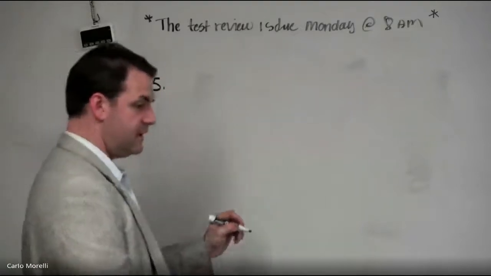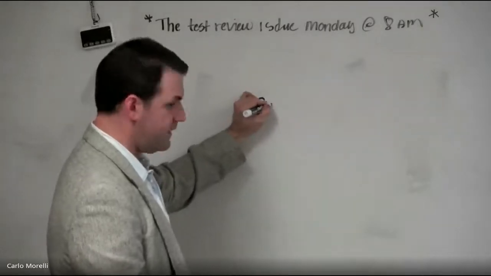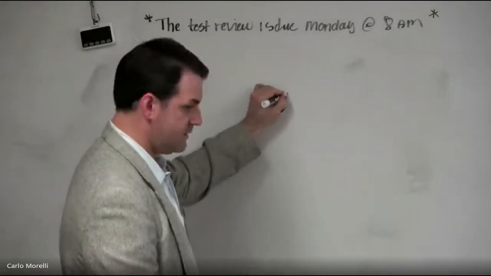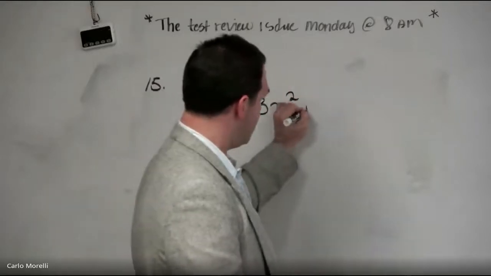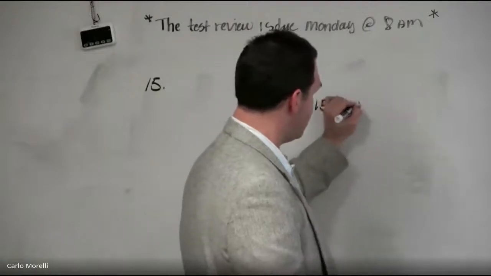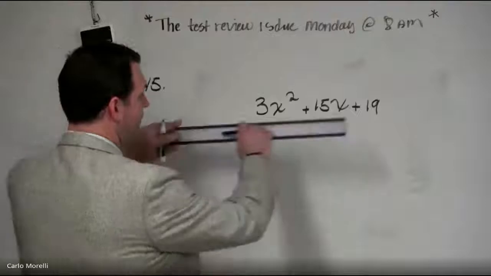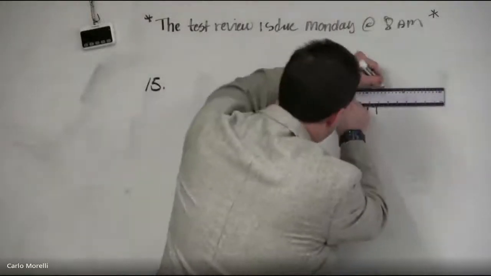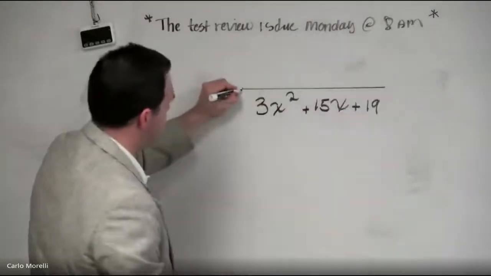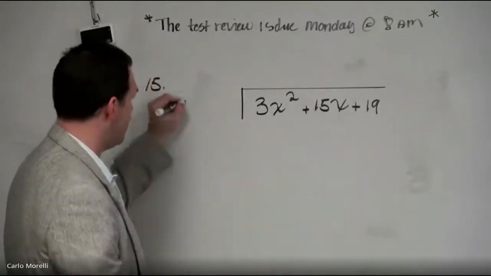Number 15, down in the white space there, we need to write 3x squared plus 15x plus 19. And then you need to use a straight edge to make a division bar up above it and then down. And we're dividing by x plus 3.